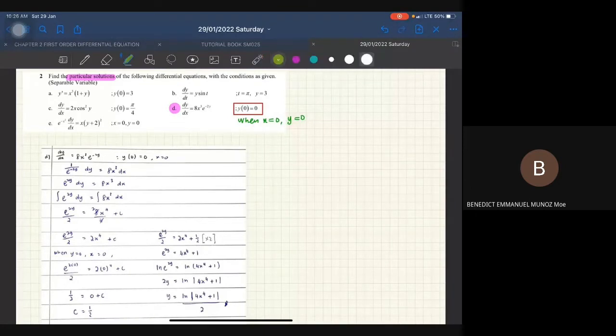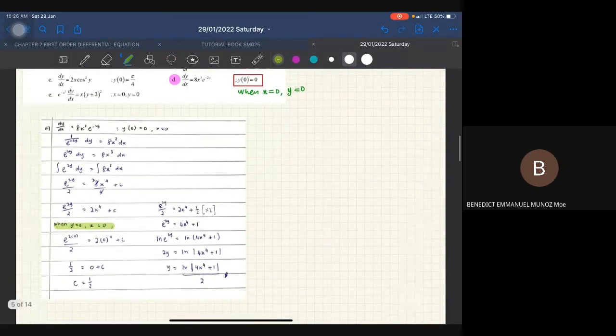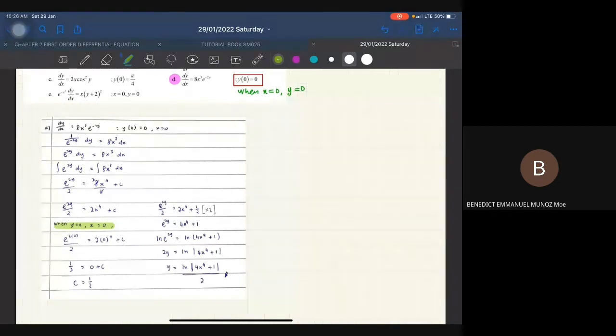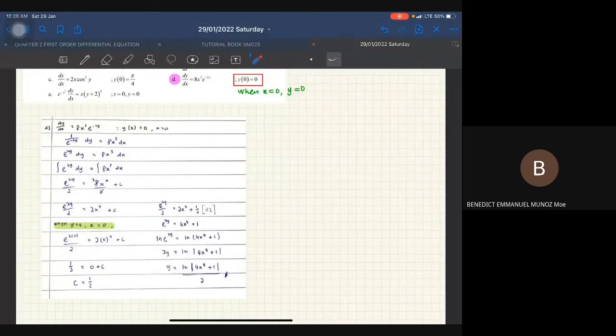Awak tak perlu nak pindahkan dia dulu. So you don't have to make y as the subject first for you to find c. Okay, no need. Awak boleh je terus cari nilai c once you have done your integration. Terus masukkan nilai, awak akan dapat c sama dengan 1/2.